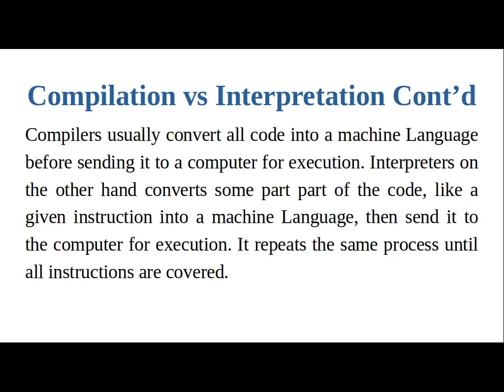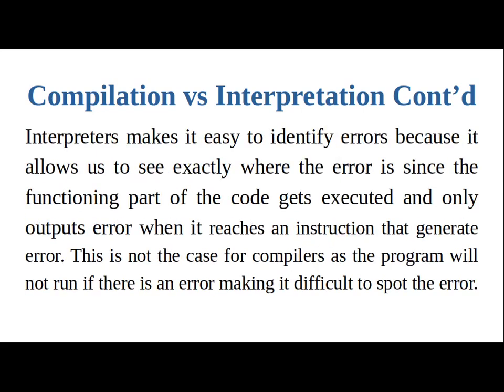Now, interpretation makes it really easy to identify errors, simply because it allows us to see exactly where the error occurs. For example, interpretation takes each line, each instruction, runs it and executes it.